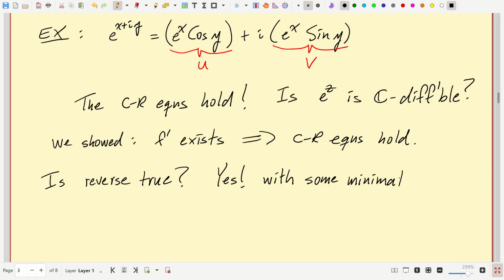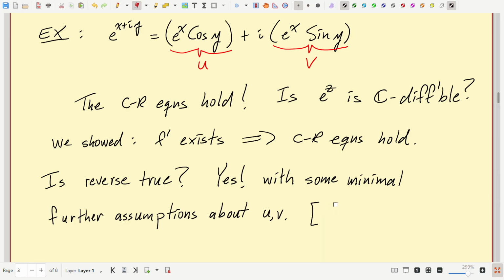Minimal further assumptions about the u and the v. And those are that u and v need to be C1 smooth. I'll say what I mean by C1 smooth in a second.